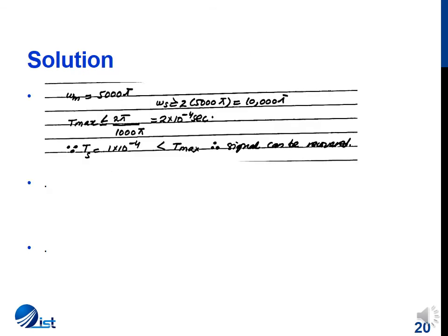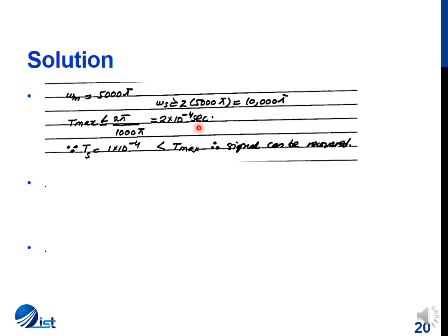For the first part, the maximum frequency of the signal is 5000 pi. The sampling frequency should be greater than twice the maximum frequency of the signal, which comes out to be 10,000 pi. Now, as we discussed for the previous numerical, the maximum sampling time is 2 pi by omega s, which is 2 into 10 to the power minus 4 second.